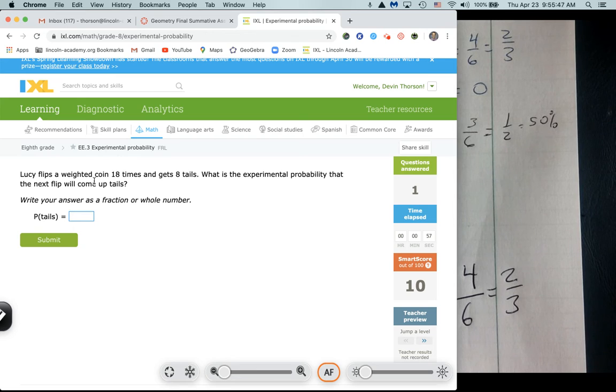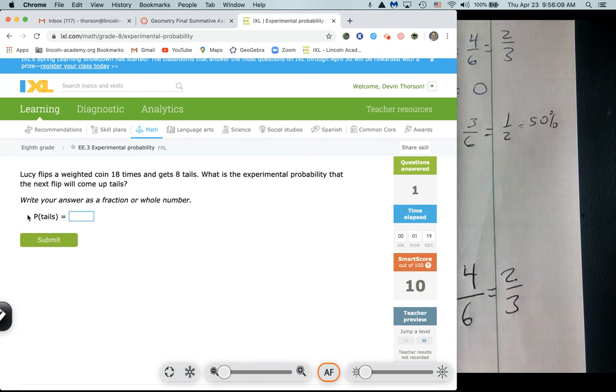Lucky flips a weighted coin. What weighted means is it's not a fair coin. It's not going to be 50-50. And of the 18 times he flipped it, 8 were tails, which is less than half. So it looks like you're more likely to get a heads. So the question is, what is the experimental probability the next flip will come up tails?